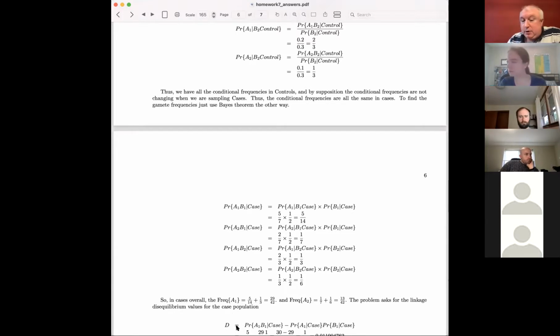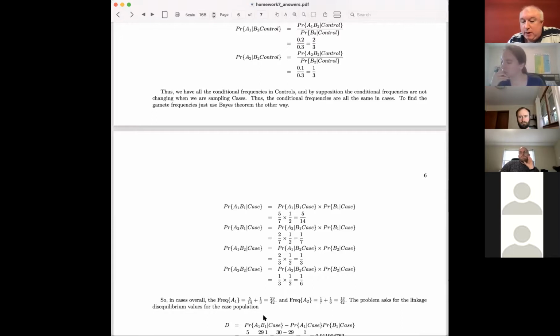To find our usual D statistic, D is equal to the frequency of an A1, B1 haplotype minus the frequency of A1 times the frequency of B1. The frequency of the haplotype was 5/14. The frequency of A1 in cases is 29/42, which we found here.